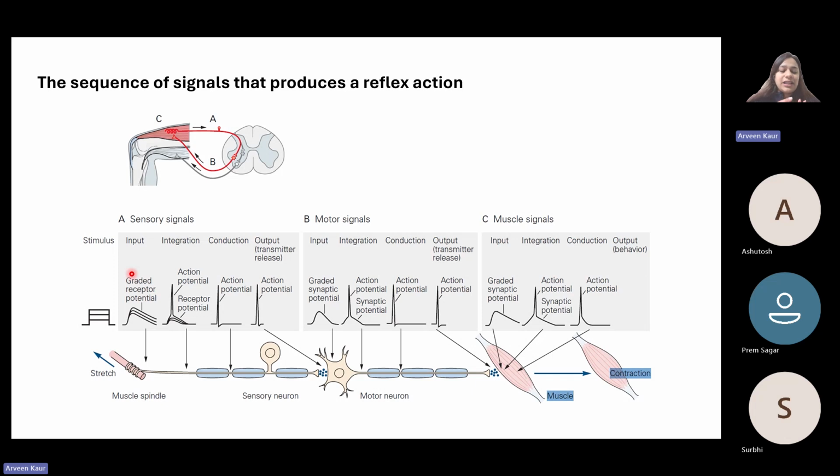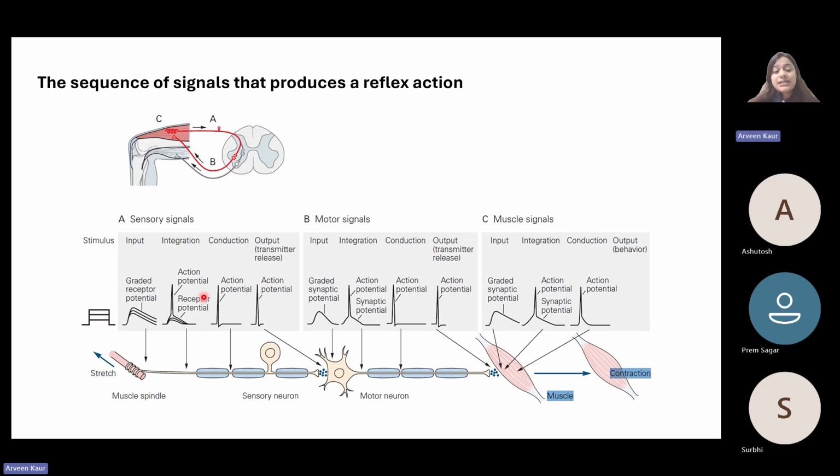So I am still not feeling anything. I am feeling the touch of that particular needle, but I am not feeling any pain or that I need to remove it, right? So that kind of thing might be happening over here. Eventually, when a multitude of signals comes in, there might be an integration of the signal wherein an action potential is generated and a receptor potential is also present.